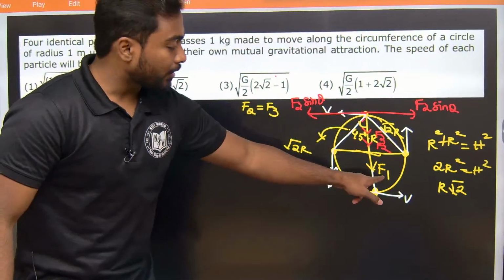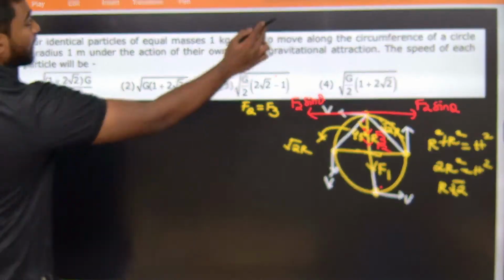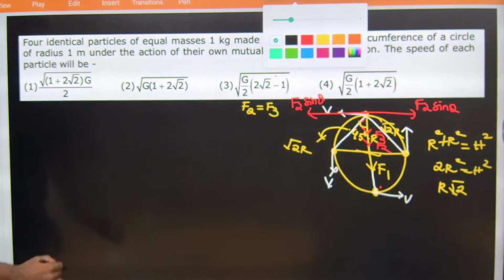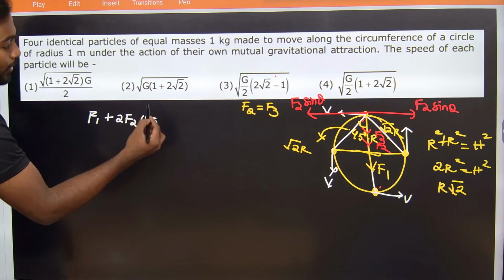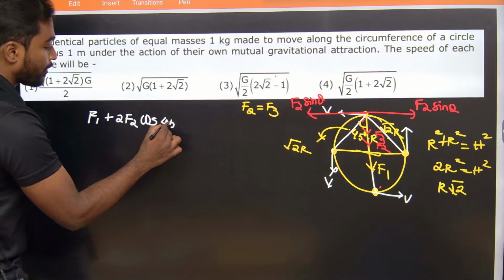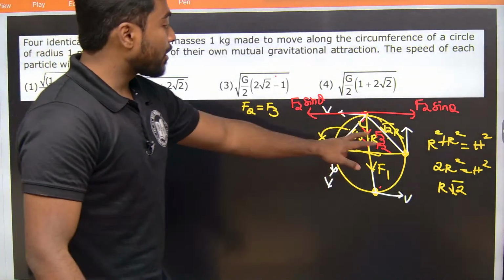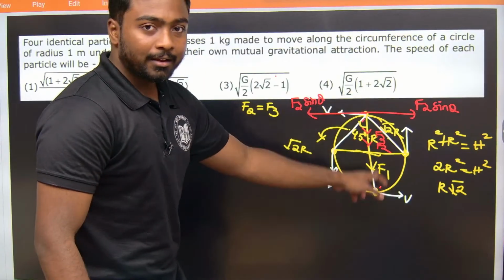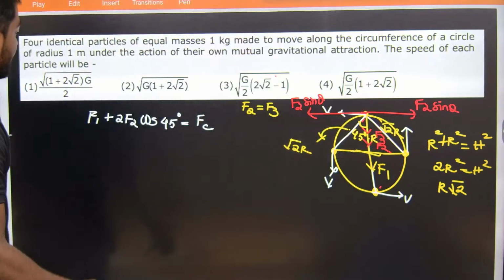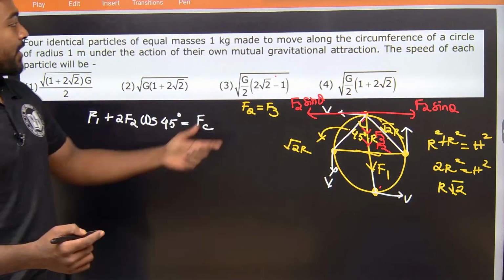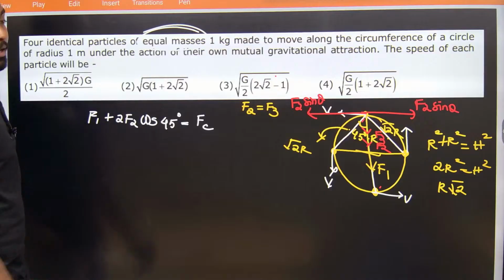So here F1 is there and F2 is two times. I can consider: F1 plus 2 F2 cos 45 degrees is equal to the centripetal force. That's it. Take the diagram, take the components of F2. F1 is along the radius only and I need to take the component for F2. What is F1? It is gravitational attraction. Equal masses are given.